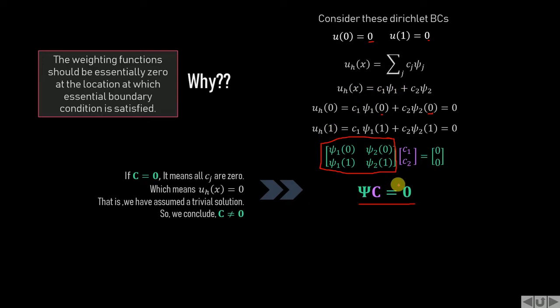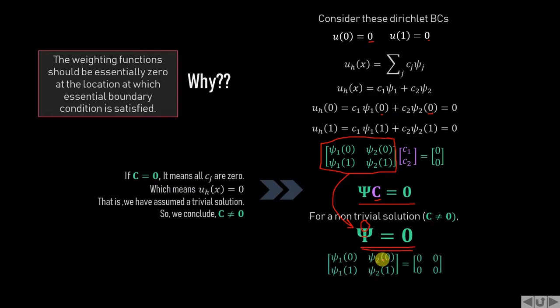We are seeking a non-trivial solution. For a non-trivial solution, c is not equal to 0 and psi is equal to 0. So each element in this matrix is nothing but a 0.